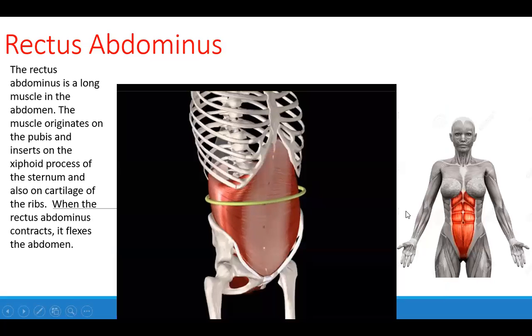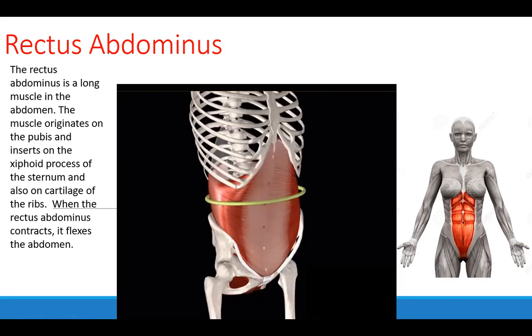Okay. The rectus abdominis, the six-pack. The rectus abdominis is a large muscle in the abdomen. We call it the six-pack because of the separate muscle segments in here. When we go to pick up something very heavy, we stabilize our abdomen with this muscle.